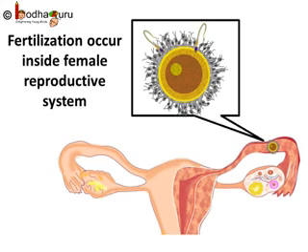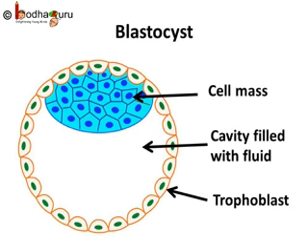Now let us understand the reproduction process in human beings in detail. In human beings, fertilization takes place inside the female reproductive system, so it is called internal fertilization. The zygote is formed during the fertilization. Then, the zygote cell divides rapidly and forms a ball of cells called a blastocyst.